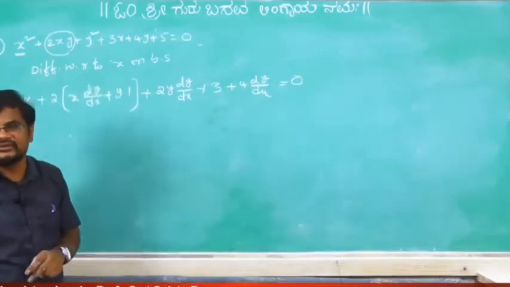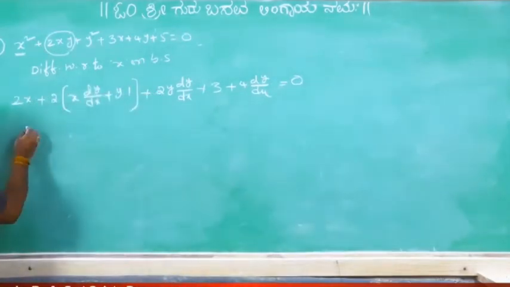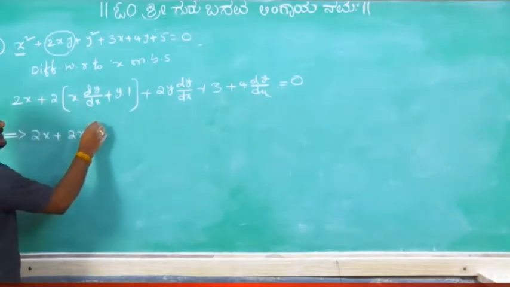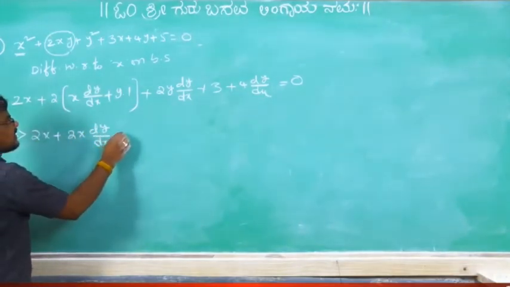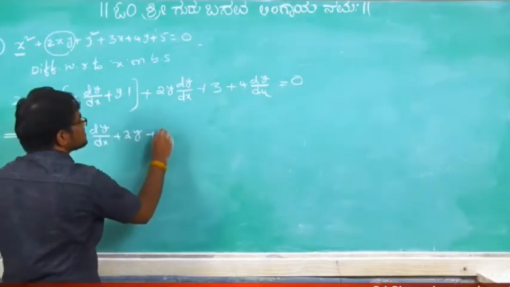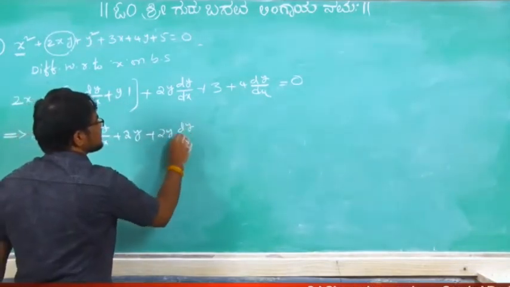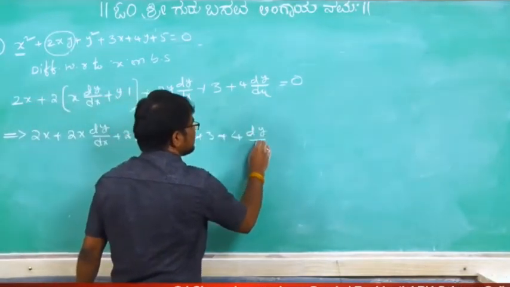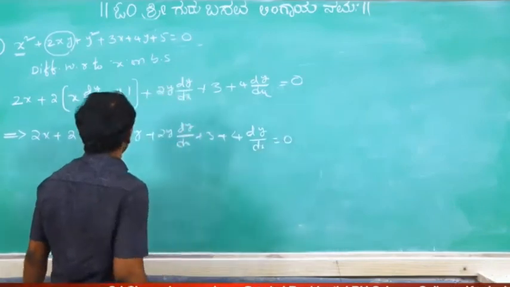Next step what we have to do? So that implies 2x dy by dx plus 2y multiply with 2, plus 2y dy by dx plus 3 plus 4 dy by dx equal to 0.